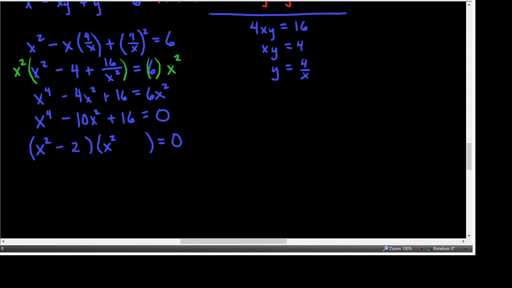I think negative 2 and negative 8 fit the bill. And so this means that x squared is either equal to 2 or x squared is equal to 8. So in the first case, that means that x would be plus or minus the square root of 2. And in the second case, x would be plus or minus the square root of 8, which simplifies to be 2 square roots of 2.